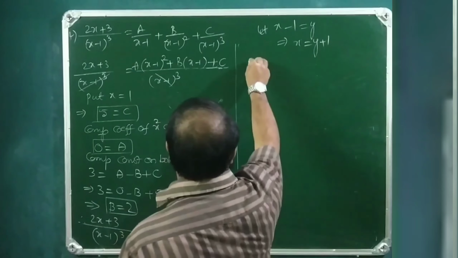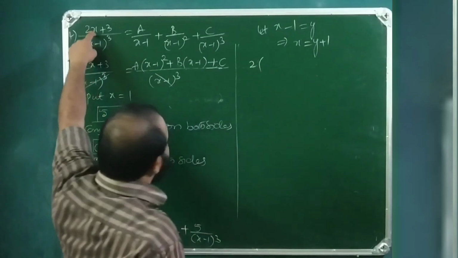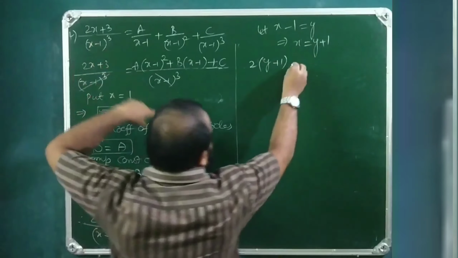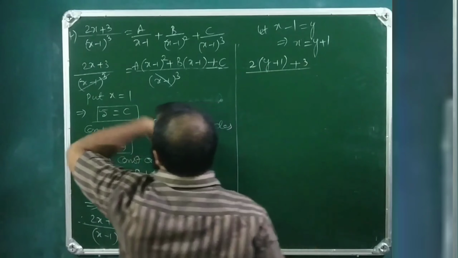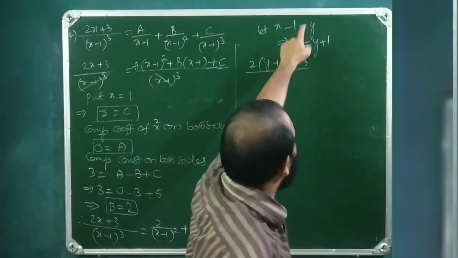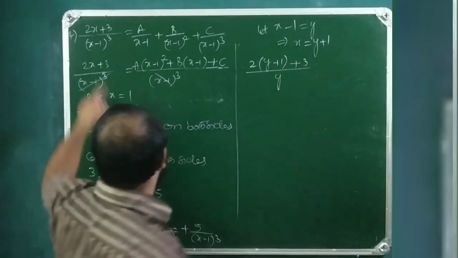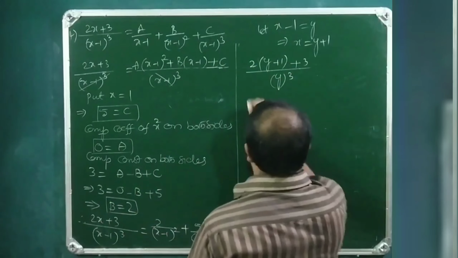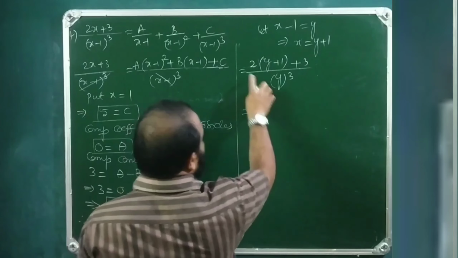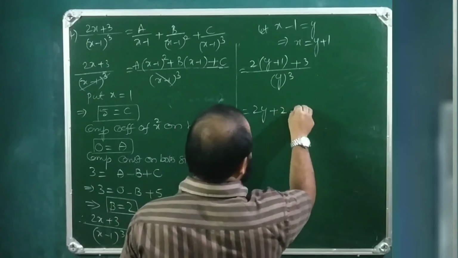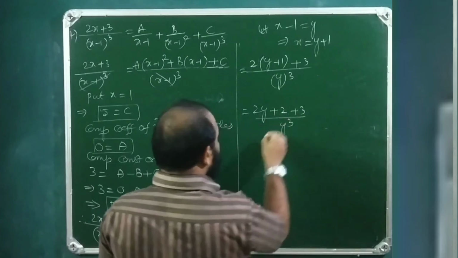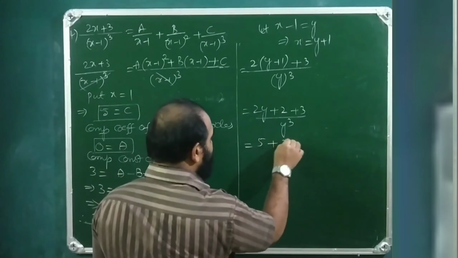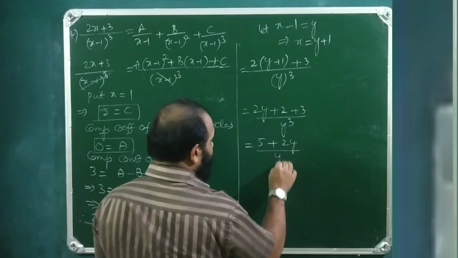So 2 into x can be replaced as y plus 1, plus 3, by x minus 1, which is how much? y. x minus 1 is y, whole cube. So this is equal to 2y plus 2 plus 3 by y cube. 2 plus 3 is 5. So 5 plus 2y by y cube.